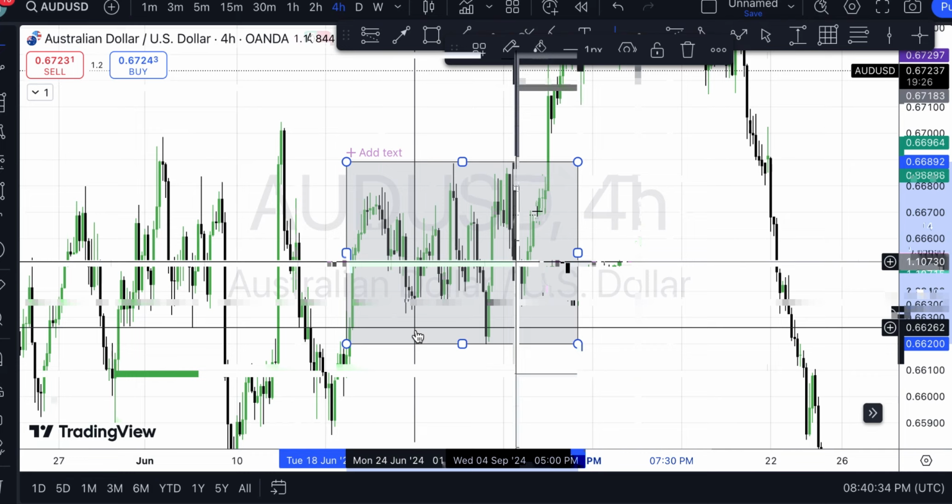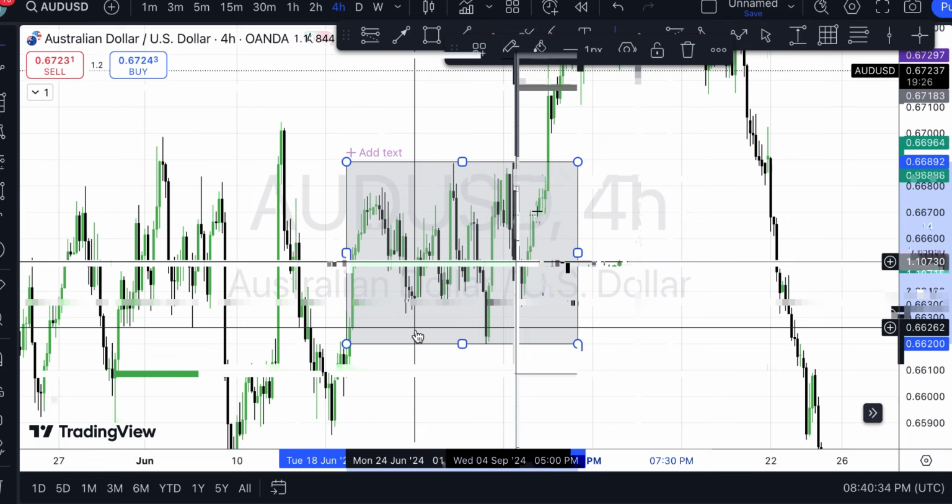So let's look at the types of channel. Number one, we have the ascending channel. Number two, we have the descending channel. While number three, we have the horizontal channel. So let me see if I can explain this.